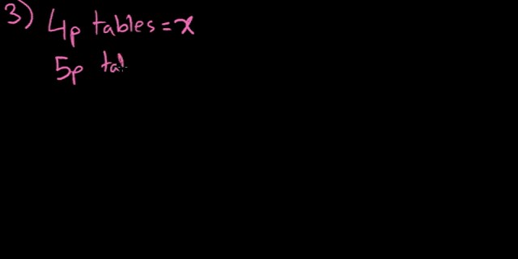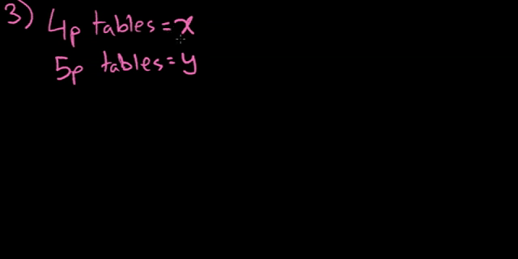First, what we want to try to do is assign a variable to each one. Let's say the number of tables that seat 4 people equals X, and the number of tables that seat 5 people equals Y.